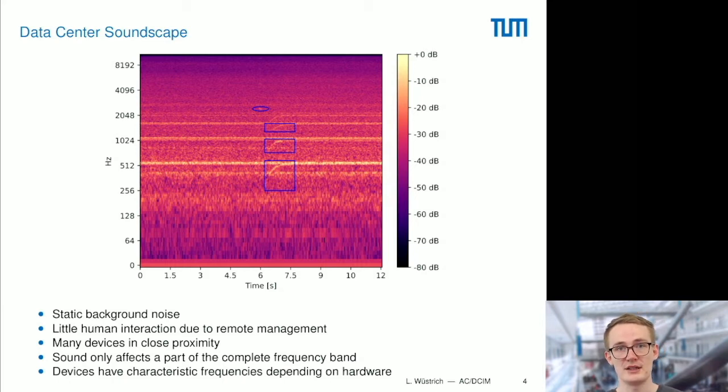Changes in activity do not affect the whole frequency range, but only part of it, as we can see with the fans, in which only part of the spectrum is affected. In addition, we also have some characteristic frequencies that stand out, since we already have devices that constantly emit noise, for example, the fans that constantly spin.